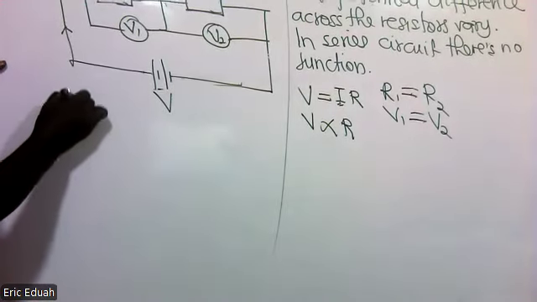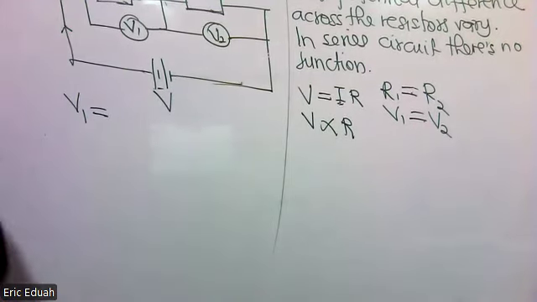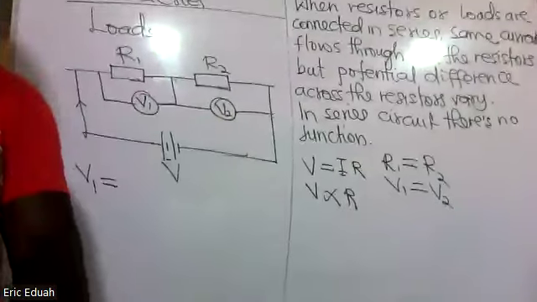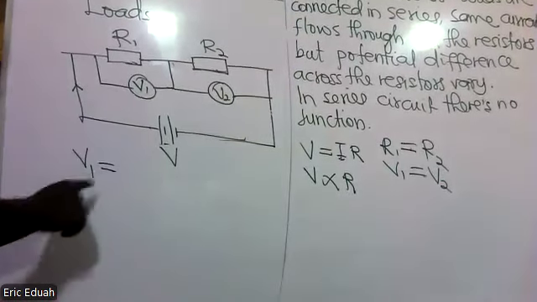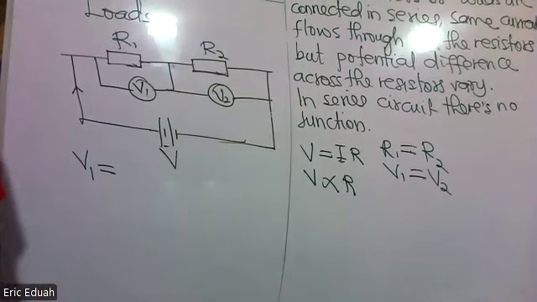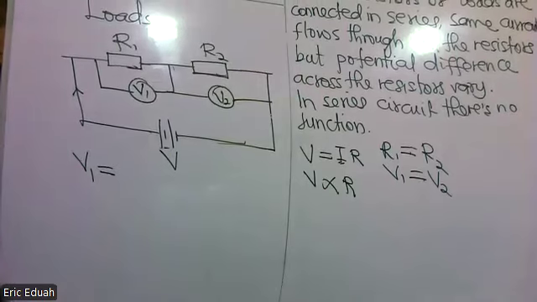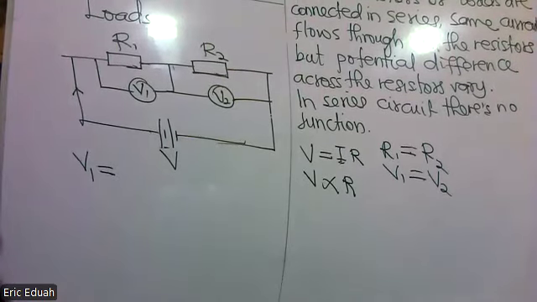What do you think will be the expression for V1? If I'm looking for the voltage drop across resistor 1, how do I determine this? I'm waiting for your views.